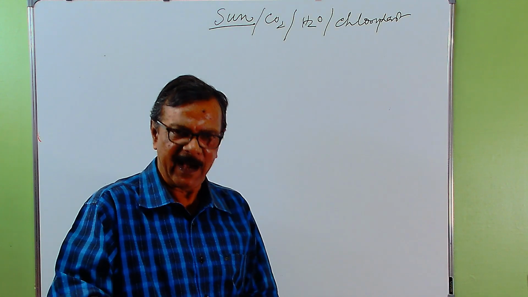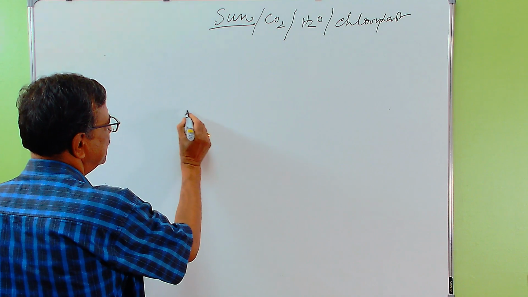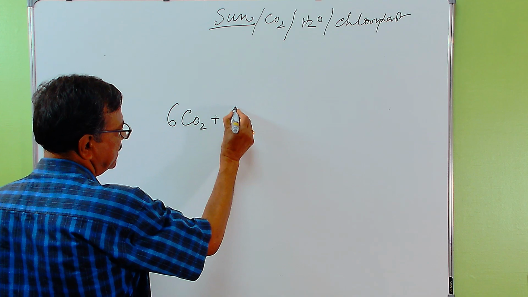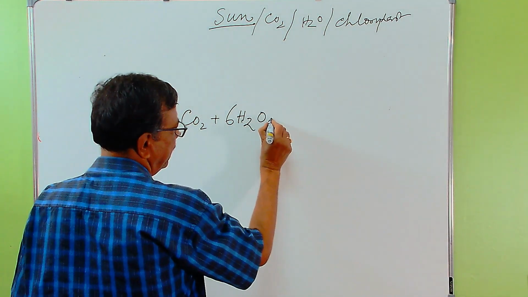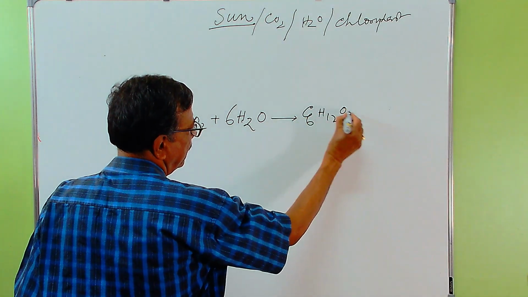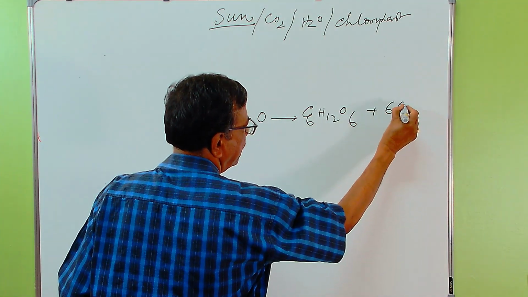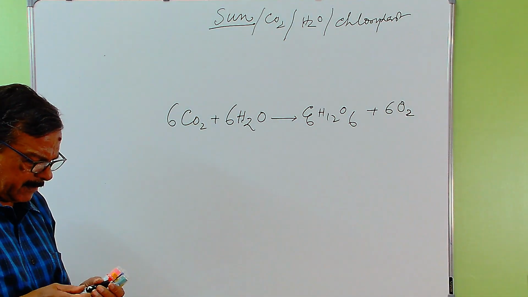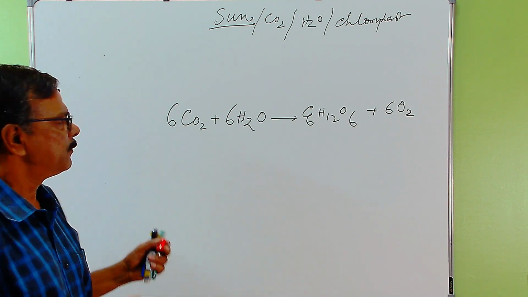So what scientists have done: 6 CO2 plus 6 H2O. Scientists have used the oxygen isotope O18.